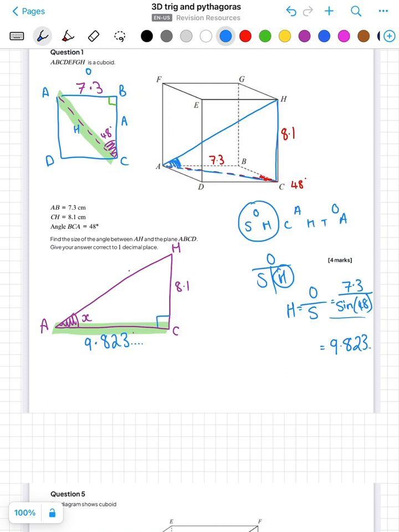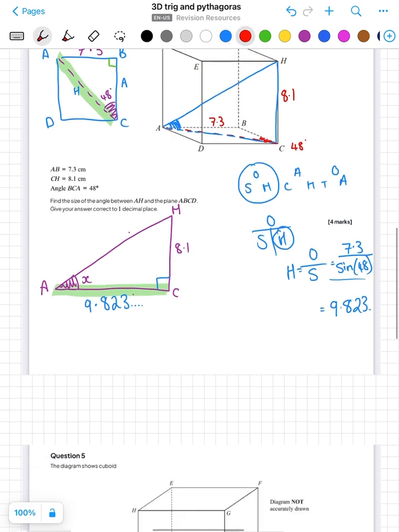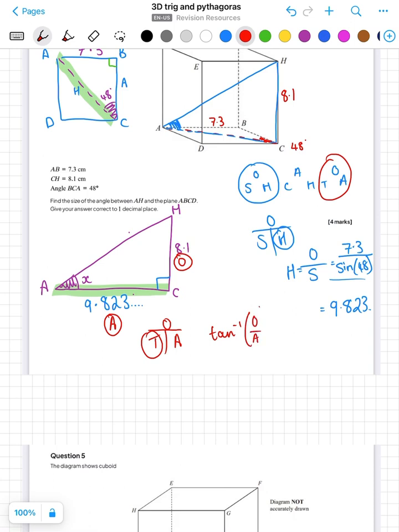Now we've got our right angle triangle. We want to find the size of our angle, of which we have the adjacent and the opposite. In this case, it's trigonometry again, so this time we're going to be using TOA, where we want to find the angle. Remember, when we're finding the angle, we do the inverse tan of the opposite over the adjacent.